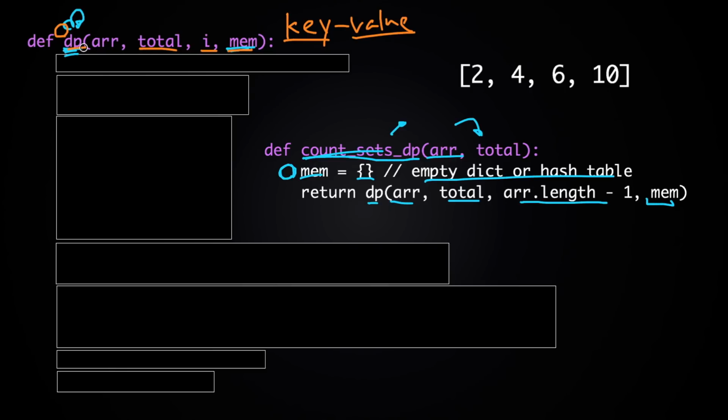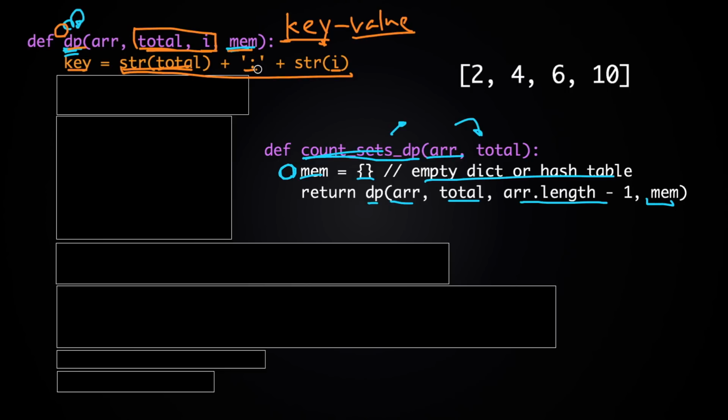So we need a way to create a key, which is going to be a string in this particular case, from the pair of arguments that change, total and I. There are several different ways of doing this, but what we're going to use here is a very simple method. We're going to convert total and I, which are integers, to strings, and then concatenate them with a colon between them.